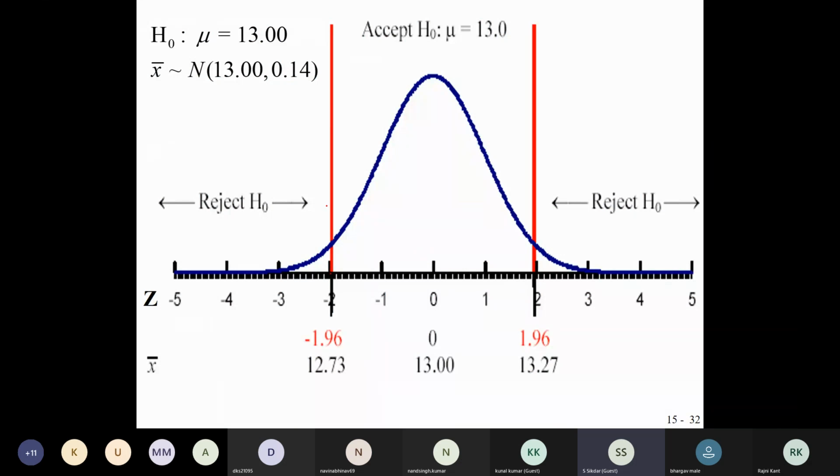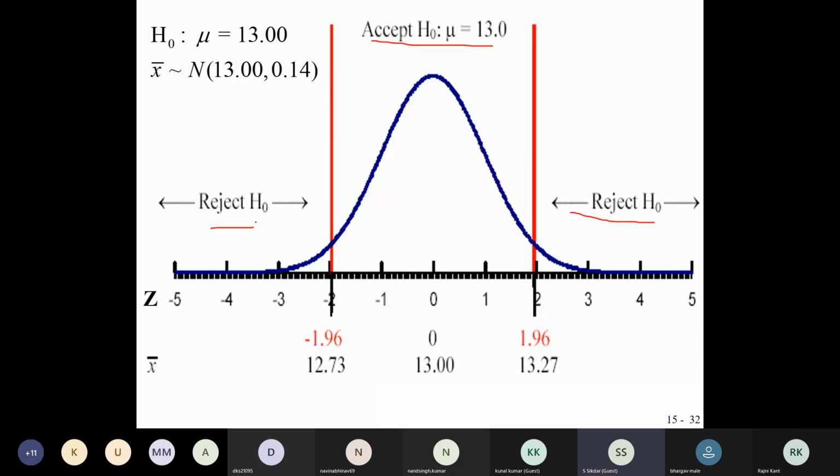If you want to analyze further, you can look at it: if this is 13.27, accept that mu is equal to 13.0, and if you take another value, it would look different, and in that case you reject this. So it is just shifting. You take the mu value as 13.0 and see how it would look.